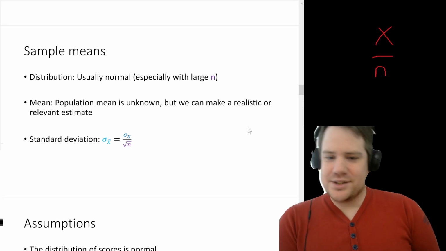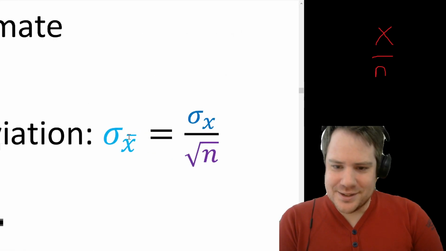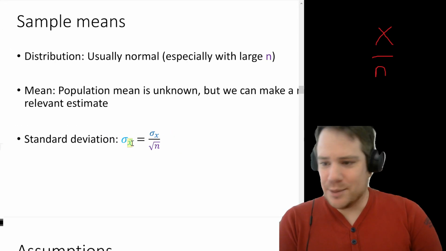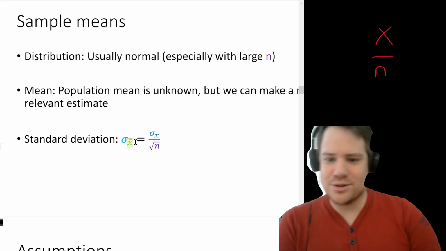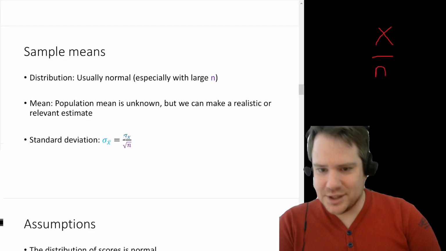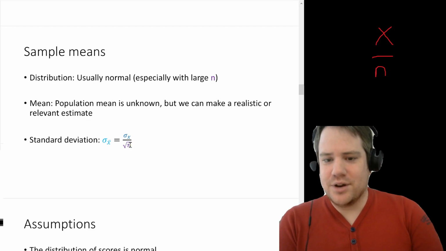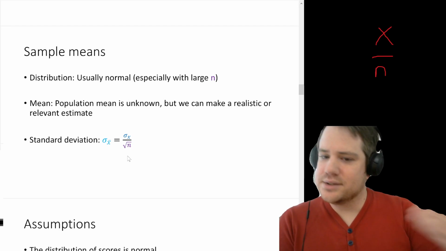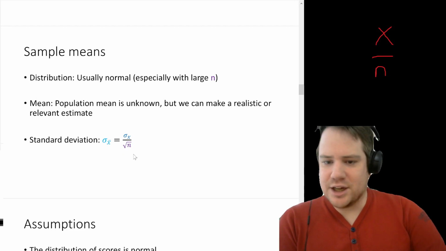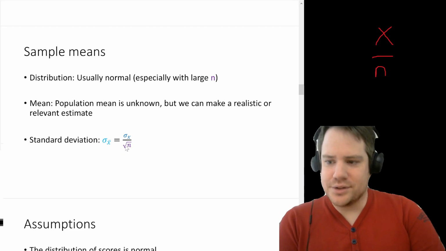For the standard deviation, and note here, this line is extremely important. The standard deviation of the sample means, of the sampling distribution, is the standard deviation of the population, sigma x, divided by the square root of n, where n is the sample size for any particular sample.